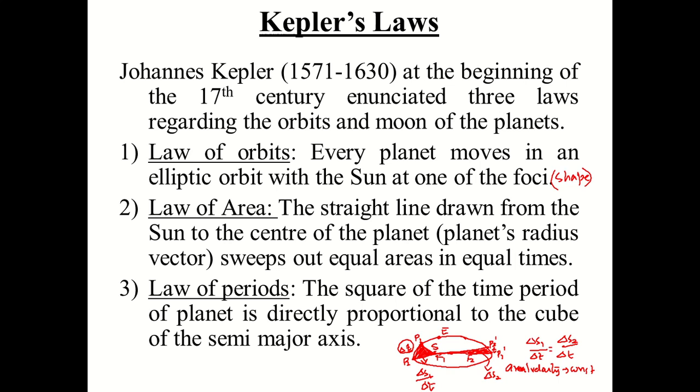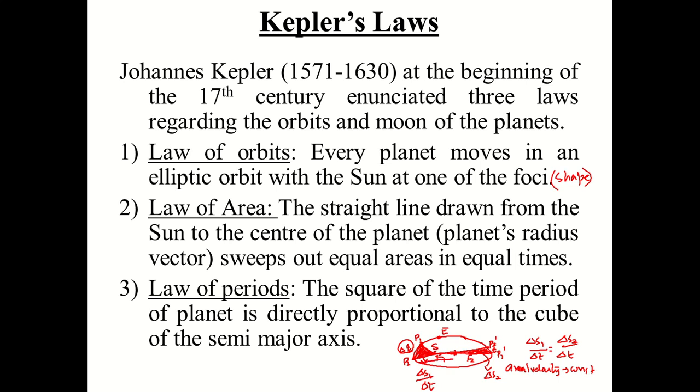Now the third one is the law of periods. It says that the square of the time period of the planet is directly proportional to the cube of the semi-major axis. Since I told you an ellipse will have two foci, similarly the ellipse will have two axes.